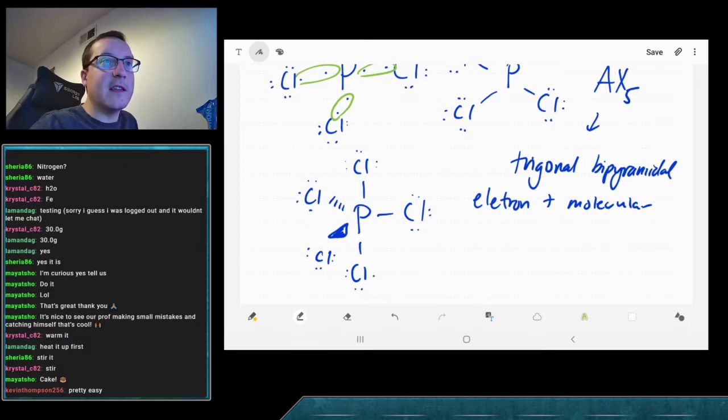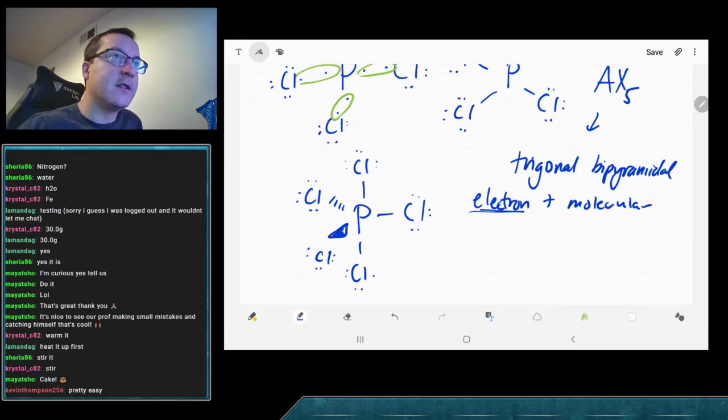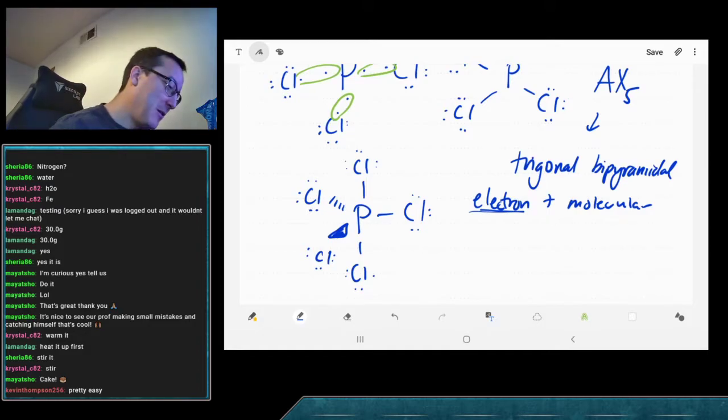So this would be the most correct Lewis structure showing the shape, and we would get our electron geometry and our molecular geometry from this. I know this is completely forgotten by now, but oh well, we'll keep working.